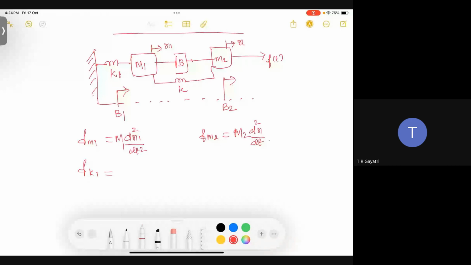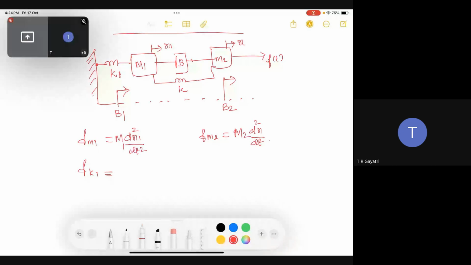K1 is situated between the end and the displacement x1. Then the force upon K1 will be equal to? Can anyone please answer? Then only I will know whether you understood or not. Anybody? So it will be K1 into x1.